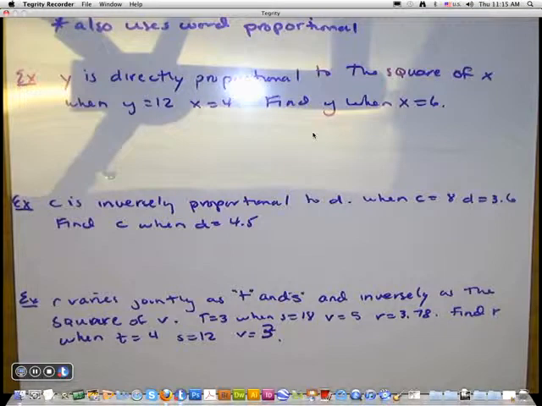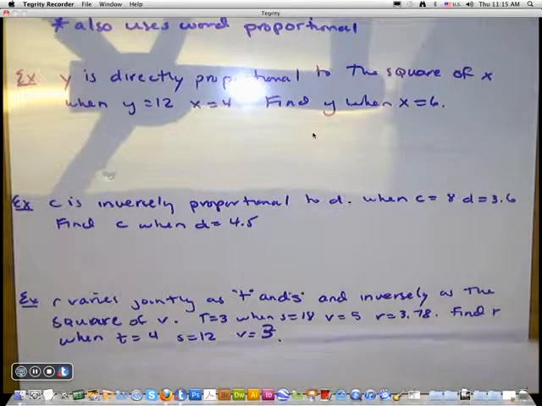R varies jointly as T and S, and inversely as the square of V. T is 3, S is 18, V is 5, R is 3.78. Find R when T is 4, S is 12, V is 3.